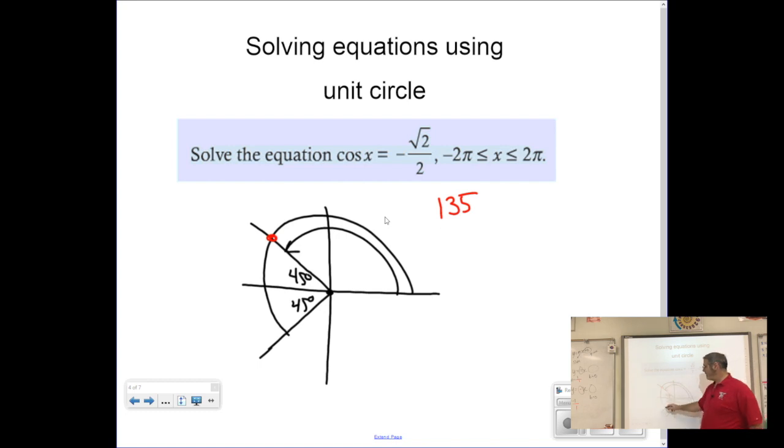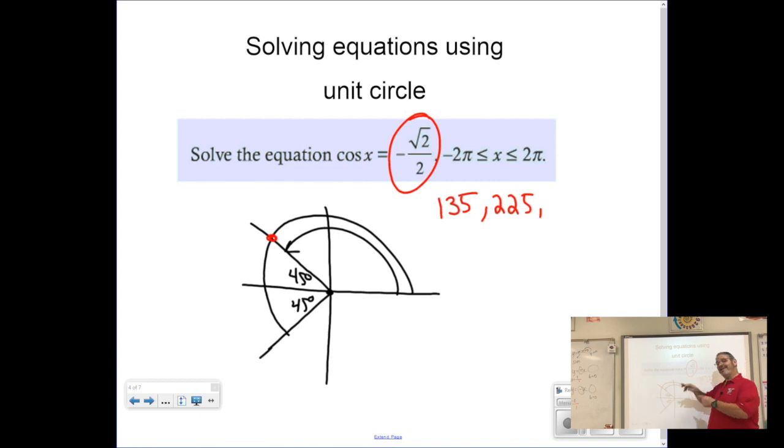And going around this way would be 180 plus 45, which would be 225 degrees. Now, if I continue going all the way around one full circle, those are the only two that are going to give me a negative square root of 2 over 2.